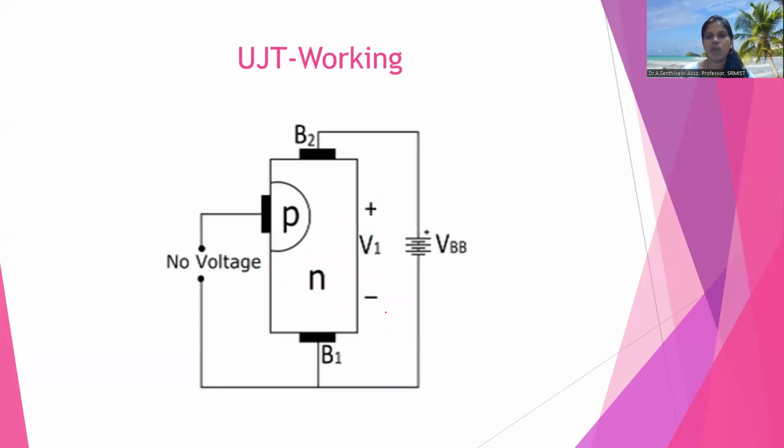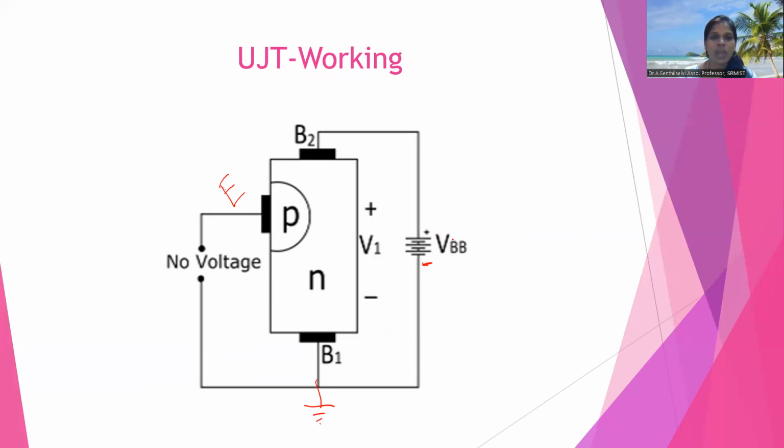Now we will see the working. We divide the working into two conditions. In case one, we don't apply any voltage at the emitter side. It is connected with ground. We apply a positive voltage between the two base terminals, that is VBB.